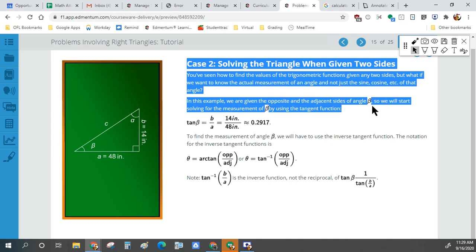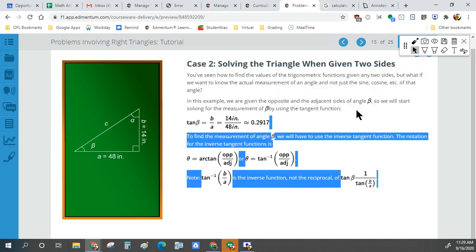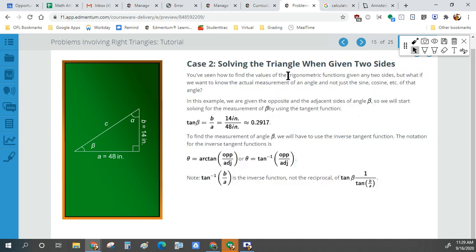All right. So the next thing is solving an angle. So, okay, we are going to use the inverse function. Remember how I said I wasn't sure if we were going to cover this or not, but it looks like we are.